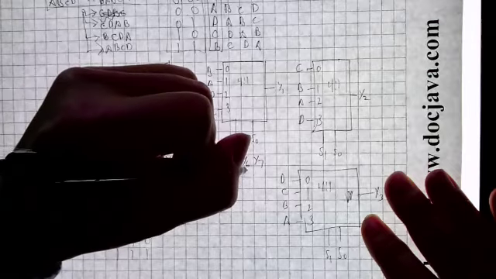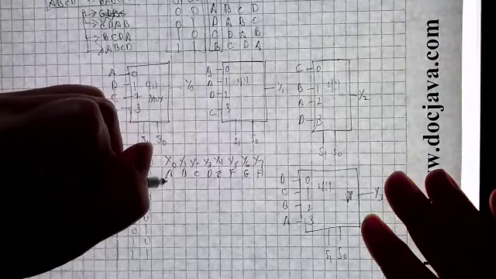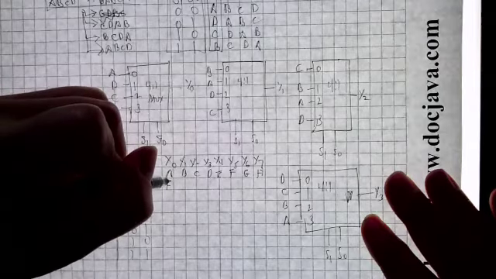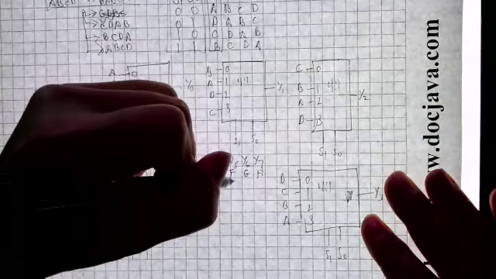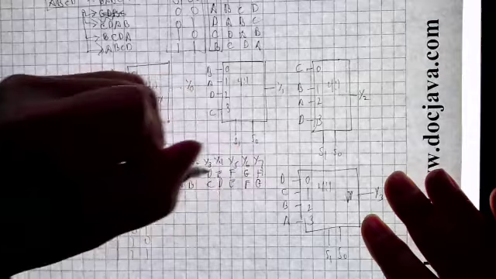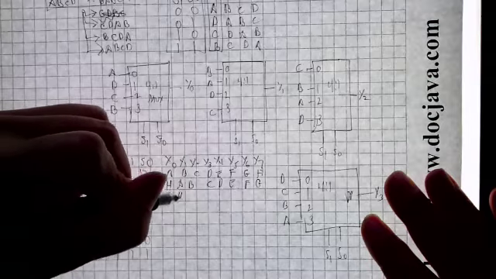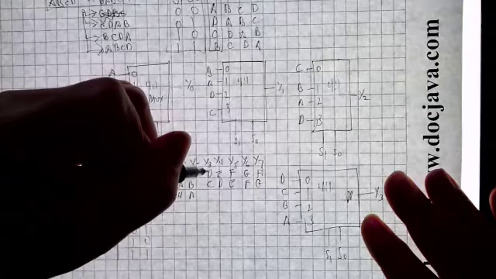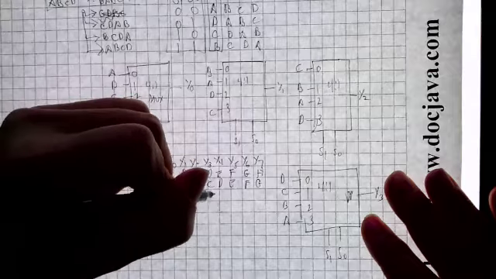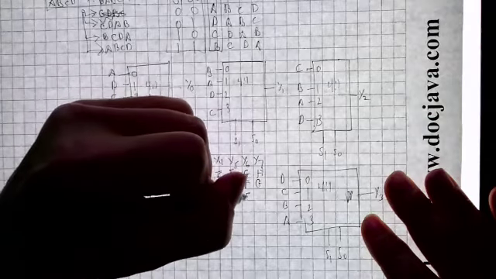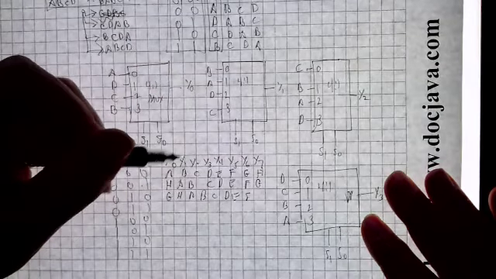Then if you shift 1, it's going to be H, A, B, C, D, G. And then if you shift again, it's going to be G, H, A, B, C, D, E, F. Did I screw this up somehow?